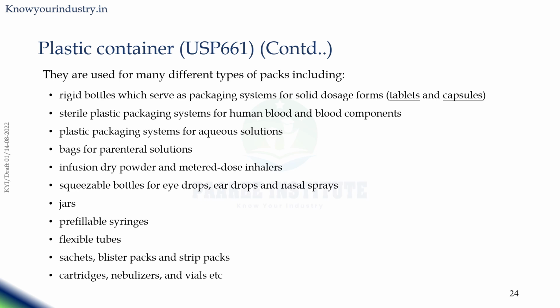It is always the responsibility of a formulation scientist to understand the packaging system used for the respective dosage form, what dosage form you are selecting, and what packaging material you are using, based on the stability of the components.